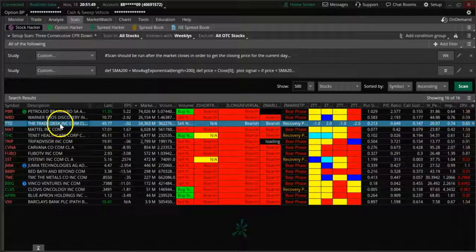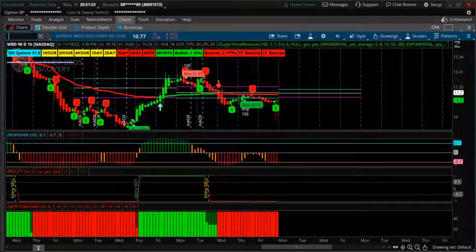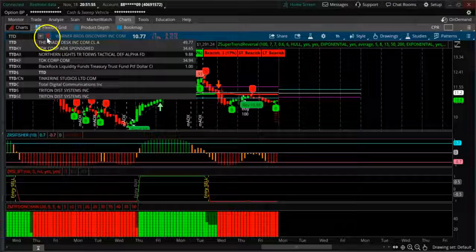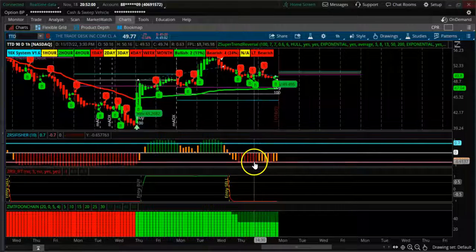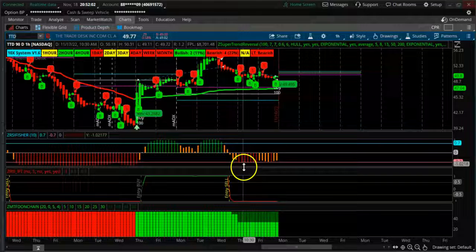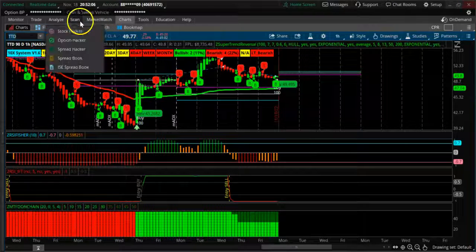Scan TTD chart. This is not lining up to the downside. Okay, so we don't want that.